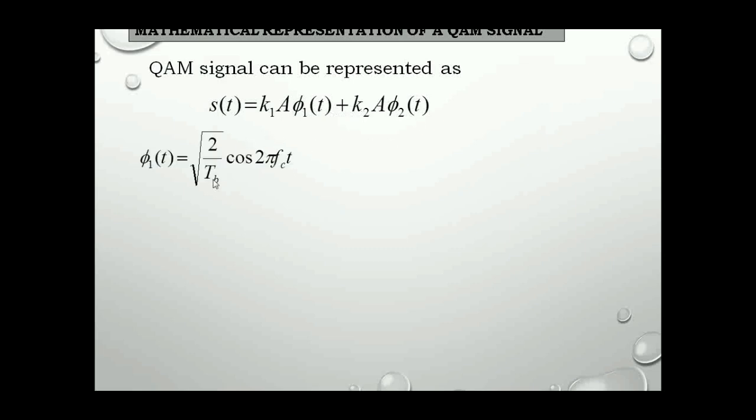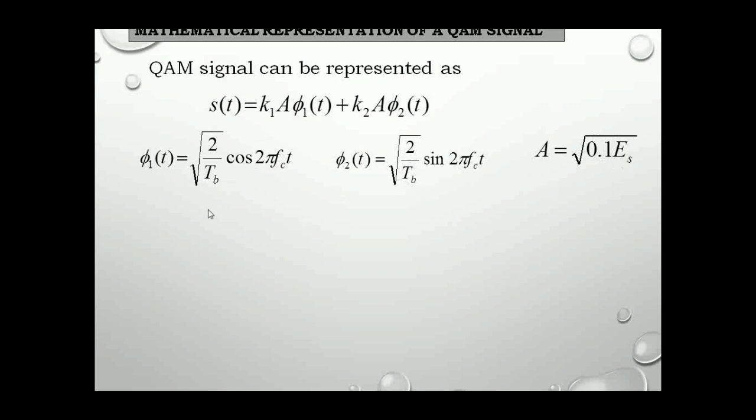A QAM signal is represented as S of t, which is equal to K1 into A psi 1 of t plus K2 into A psi 2 of t, where psi 1 of t is equal to square root of 2 by Tb cos 2 pi FCT and psi 2 of t is equal to square root of 2 by Tb sin 2 pi FCT, and the value of A will be equal to square root of 0.1 into Es.